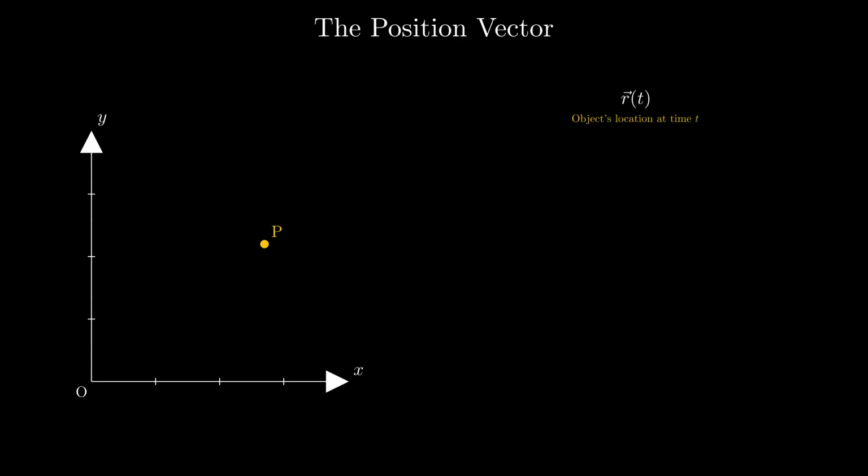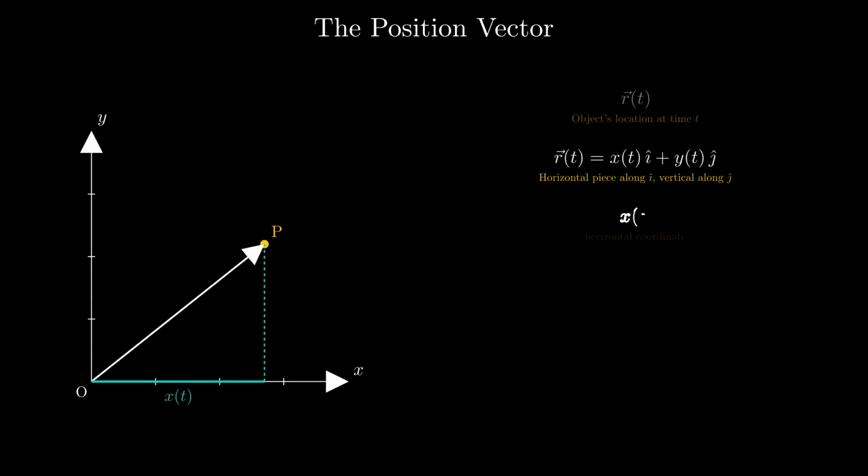Start with position. At any time t, the object sits somewhere in the plane, measured from a chosen origin. We write its position vector, r vector of t, as x of t times i hat, plus y of t times j hat. Read this carefully. x of t is the horizontal coordinate, the object's distance along the horizontal axis at that instant. y of t is the vertical coordinate, its height.